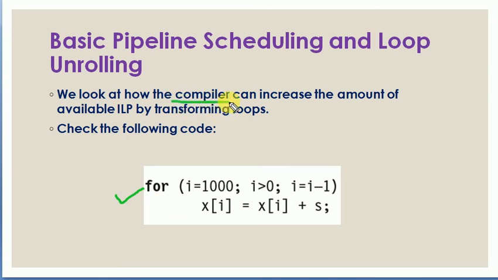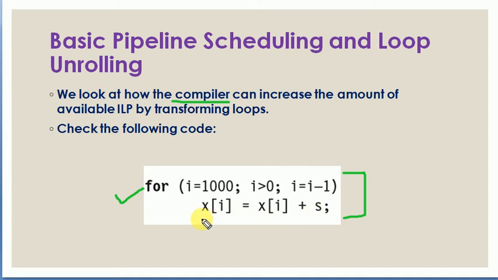By using a compiler, how can we increase the speed of execution of a particular loop? So just look at the following code, which consists of a single for loop: for I equal to 1000, I greater than 0, I minus minus, and within the loop we have a single statement, x of I is equal to x of I plus s.